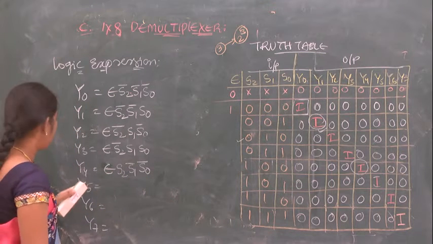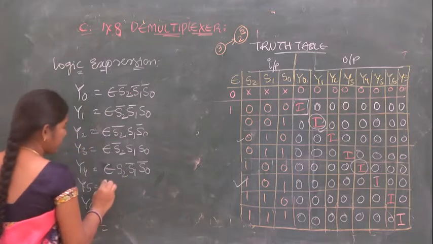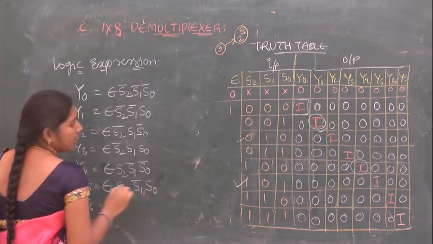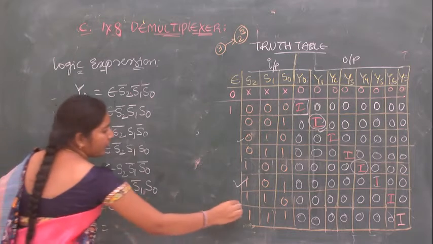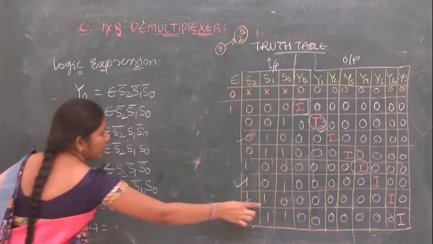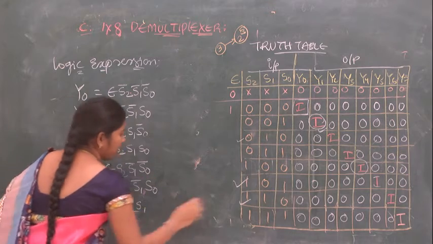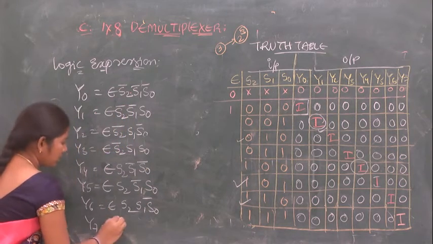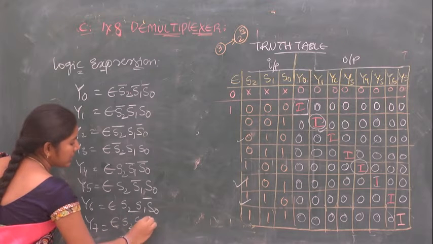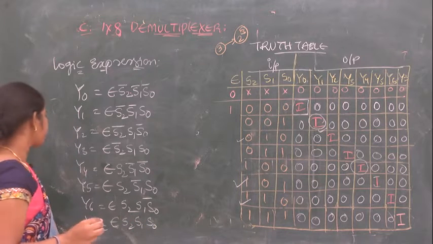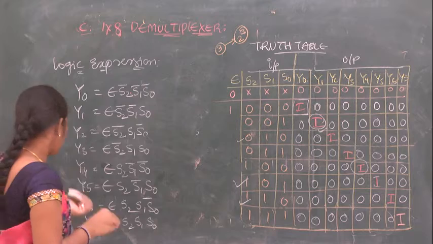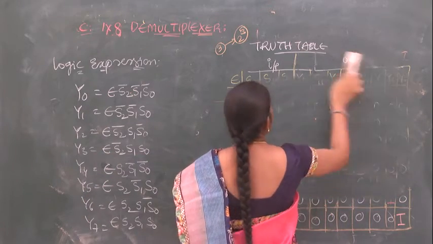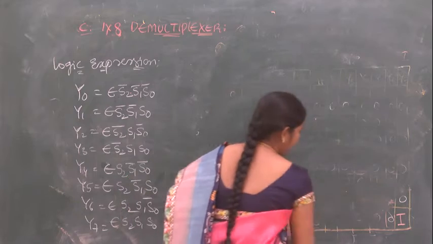For Y6, E, S2, S1, S0 bar, because the S0 value is 0. And Y7, E, S2, S1, S0. Now I know the logic expressions for all the outputs. So I can develop the logic diagram.